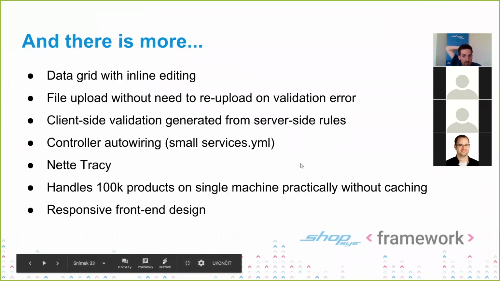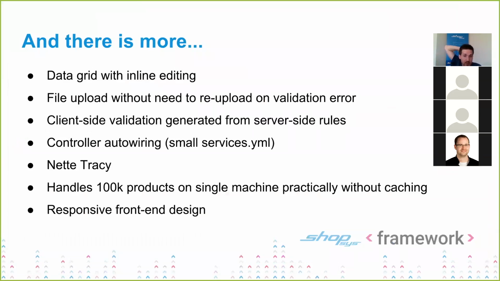What else? We know that Shopsys Framework can handle a database with 100,000 products on a single machine without needing to split the database to several places and so on. And it can handle this without using cache, because we think it is a good practice for the application not to be dependent on cache until it's under load.